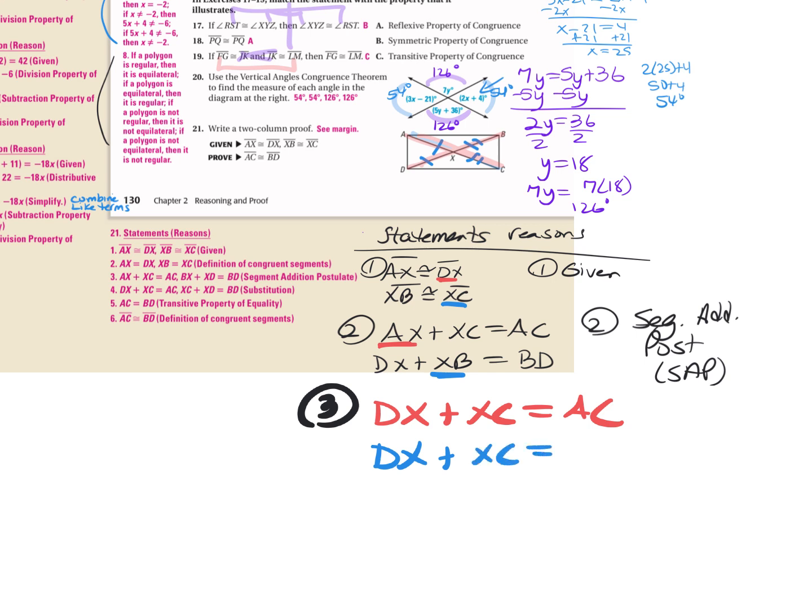So then they're going to look similar. So let me rewrite. I'm taking out the AX, which I underlined in red. I'm going to replace it with DX. And then I have plus XC equals AC. And then for the blue one, I'm leaving the DX, but I'm replacing XB with XC. And this is substitution. It can't be transitive.